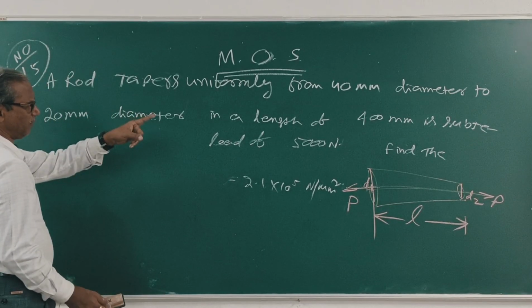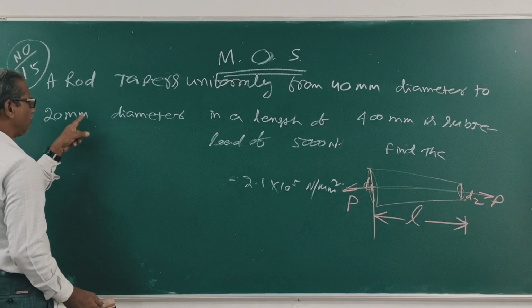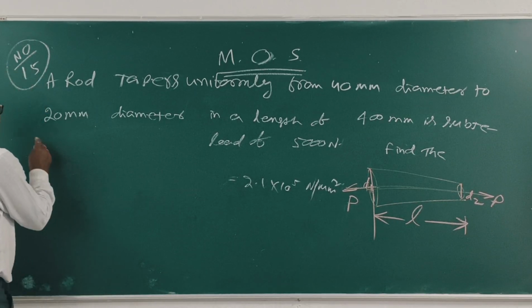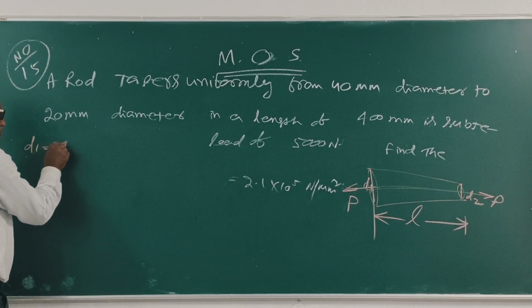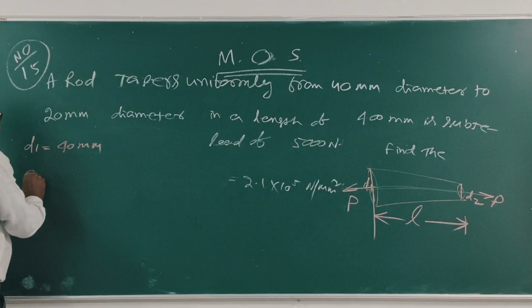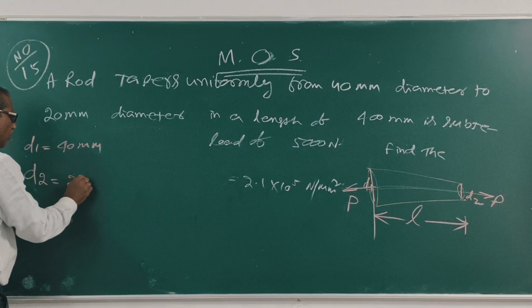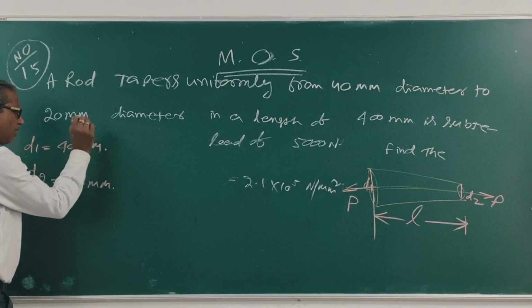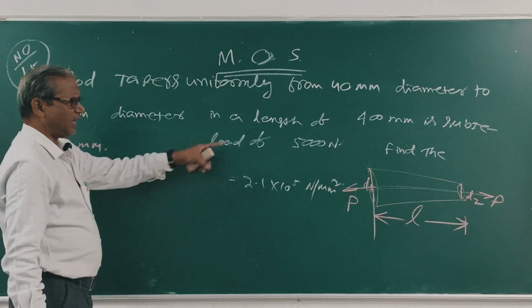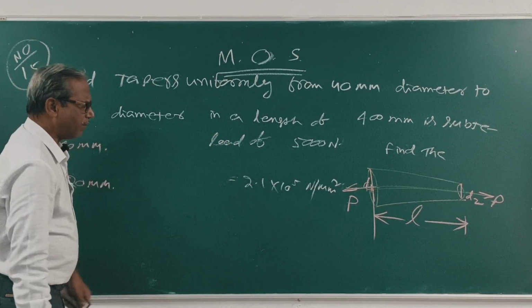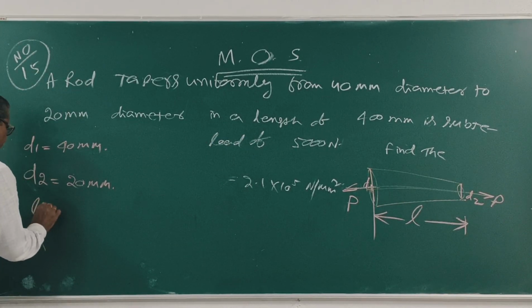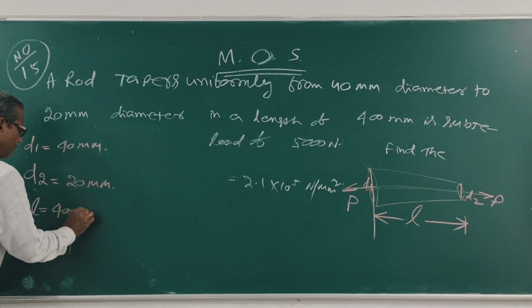A rod tapers uniformly from 40 to 20 diameter. D1 is equal to 40, D2 is equal to 20, right? In a length of 400, L is 400.